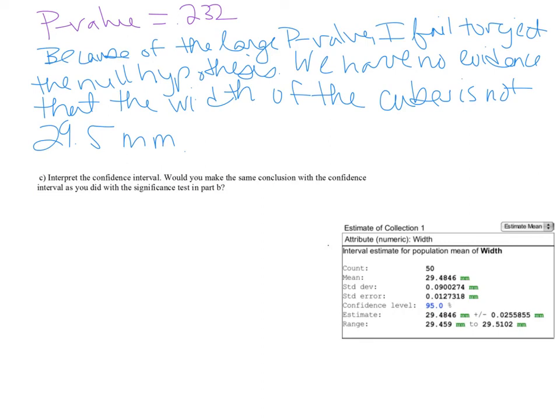And if you look at the very bottom, it doesn't really specifically say that this is the interval. But if you look at what we're doing here on this table, it says interval estimate. The interval is actually this very bottom thing. And above it, the estimate is the same interval, it's just written in a different way.